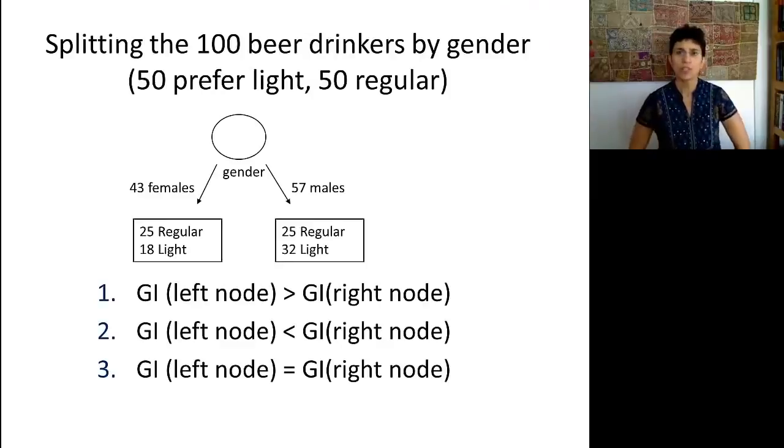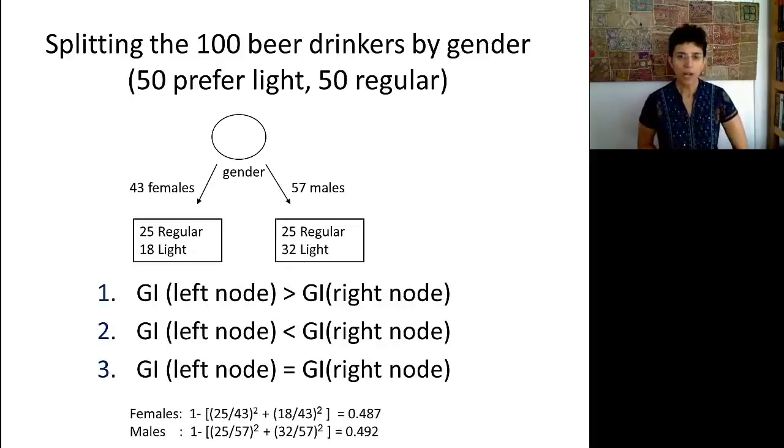Let's also just do a simple example with the Gini index. So again, we'll look at the same split by gender and ask ourselves which Gini index is going to be higher, the one for the females or the one for the males. So how do we do the computation?